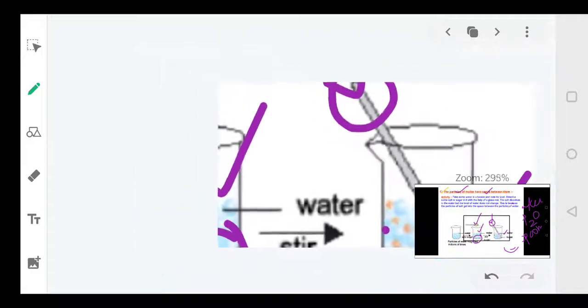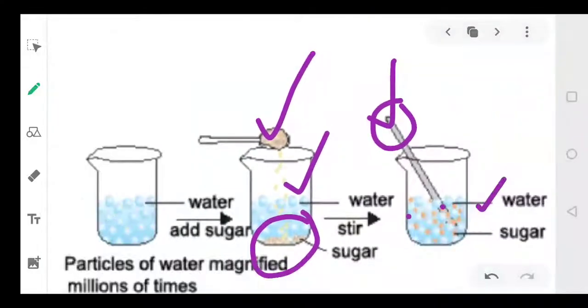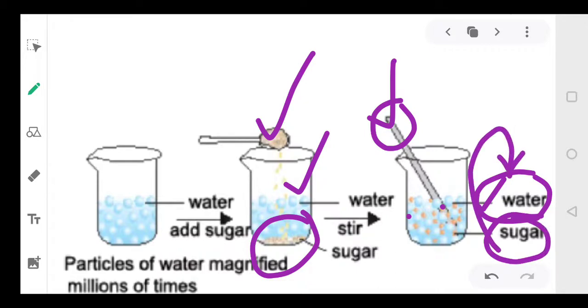So any substance that dissolves means it has occupied the space between the particles of the solvent. Here we are dissolving sugar in water, so water is your solvent. Sugar has dissolved in water means it has entered into the spaces between the particles of water.